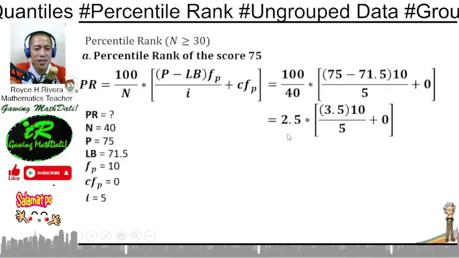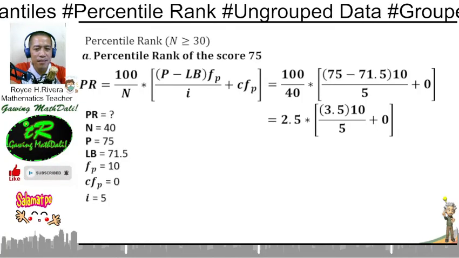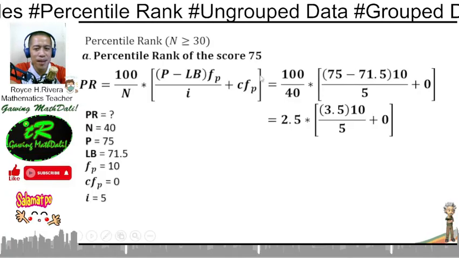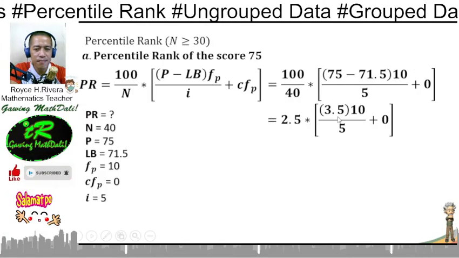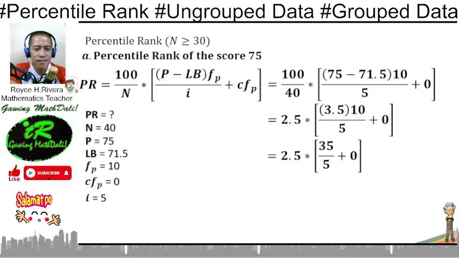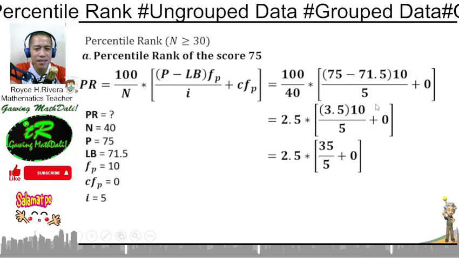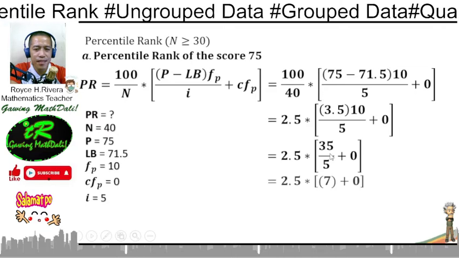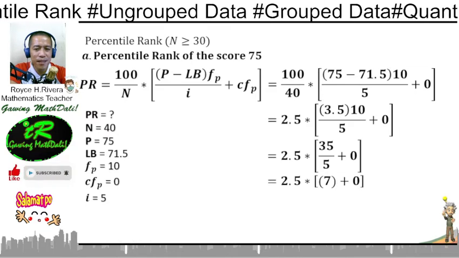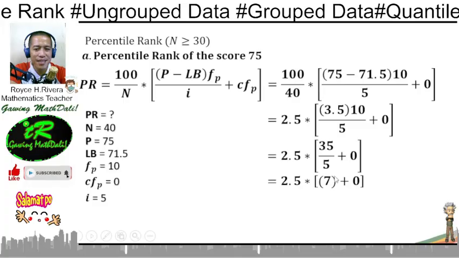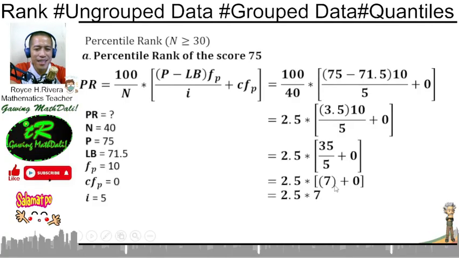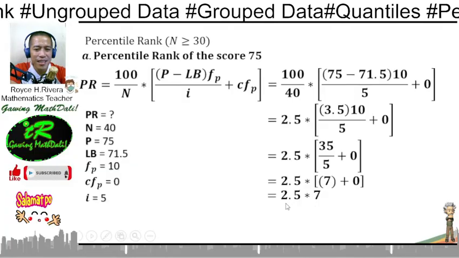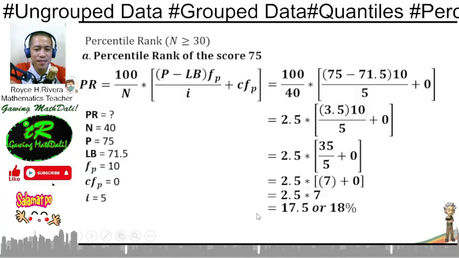100 over 40 is 2.5. 75 minus 71.5 is 3.5. 3.5 times 10 is 35. 35 over 5 is 7. 7 plus 0 is 7 times 2.5.